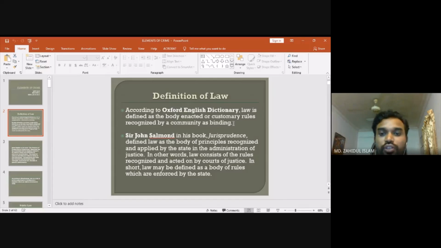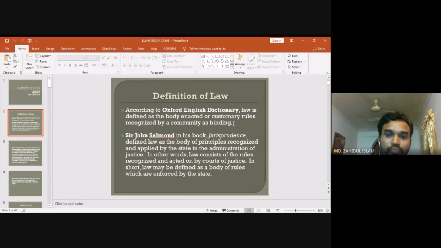Who is the community? We are the community. We recognize some rules and regulations. We impose some rules by parliament. The parliament members represent us, so they make rules for the community, which are binding for us.